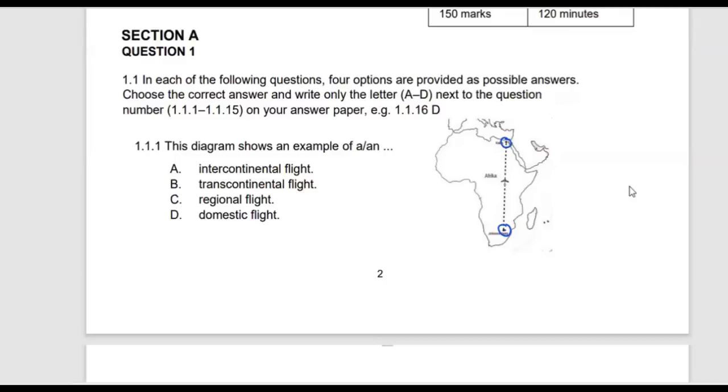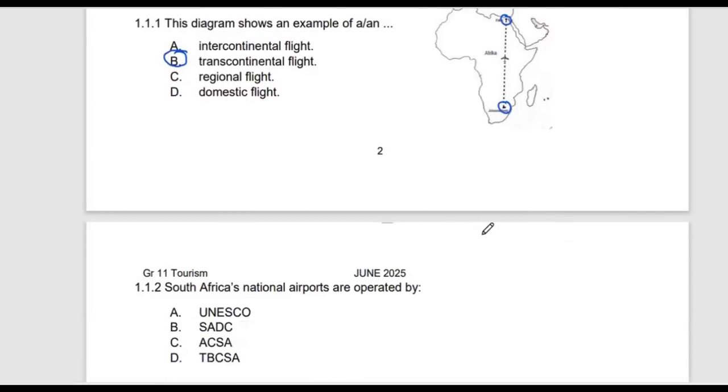If you look at this particular flight, you can see that this person did not leave Africa. He or she flew from one African city to the next African city. Such a type of flight is known as a transcontinental flight. It is when you fly between or across a continent. So that's an example of a transcontinental flight.